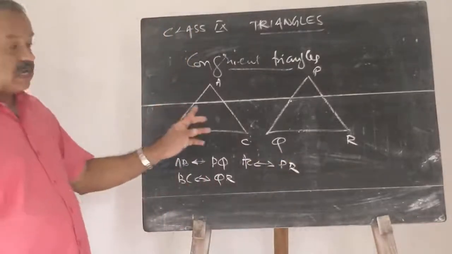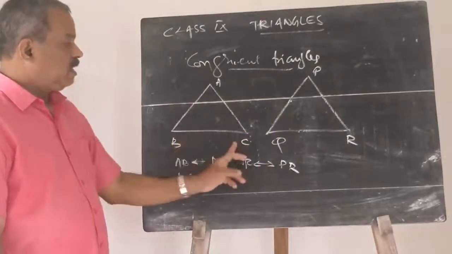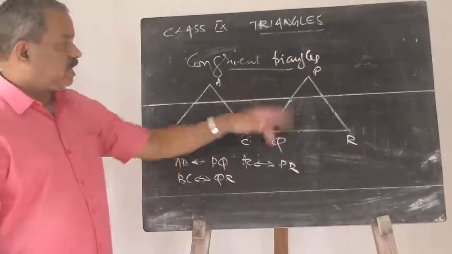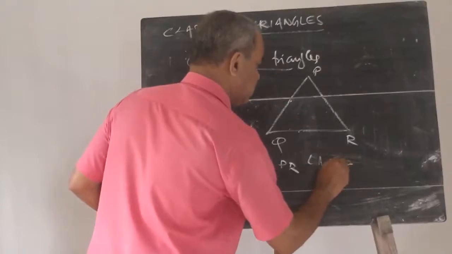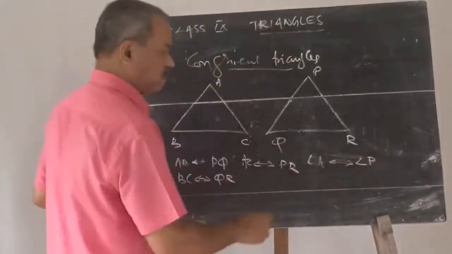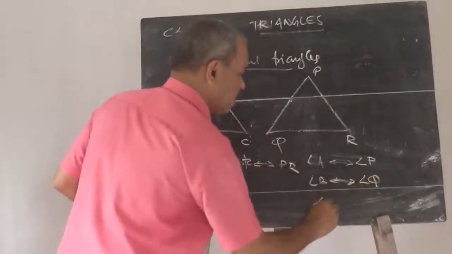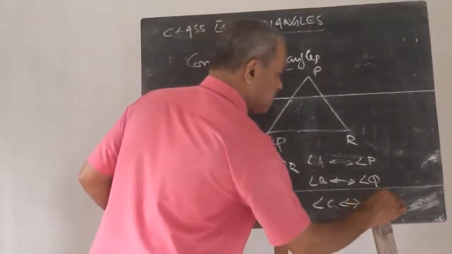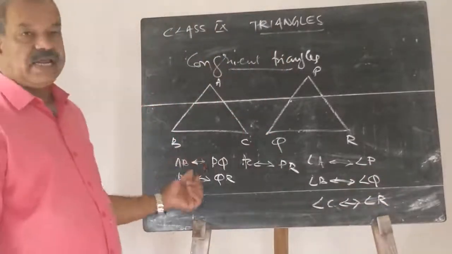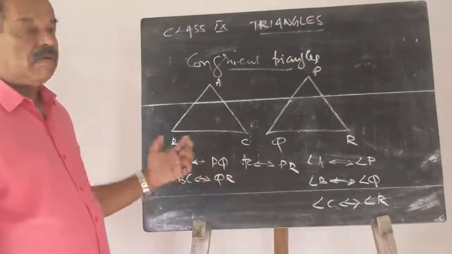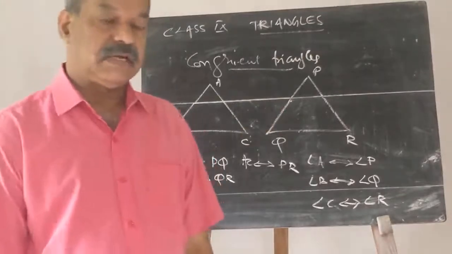We can make correspondences between AB and PQ, BC and QR, AC and PR. Also, angle A corresponds to angle P, angle B corresponds to angle Q, angle C corresponds to angle R. That is, we can establish six relations between the two triangles, between three sides and three angles.